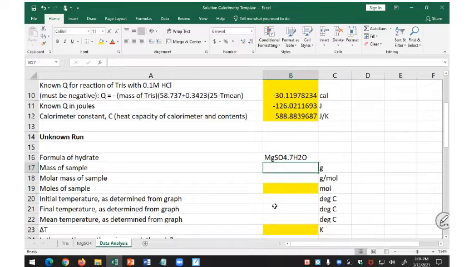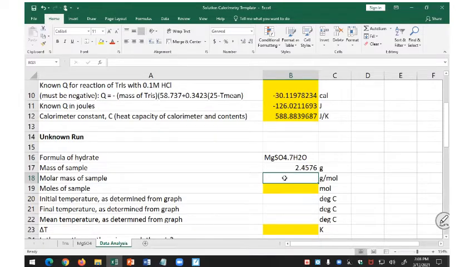Let me use, whose data should I use? Okay, Jaslyn, what's your mass of sample? 2.4576. So this is Jaslyn's number, 2.4576. Okay.